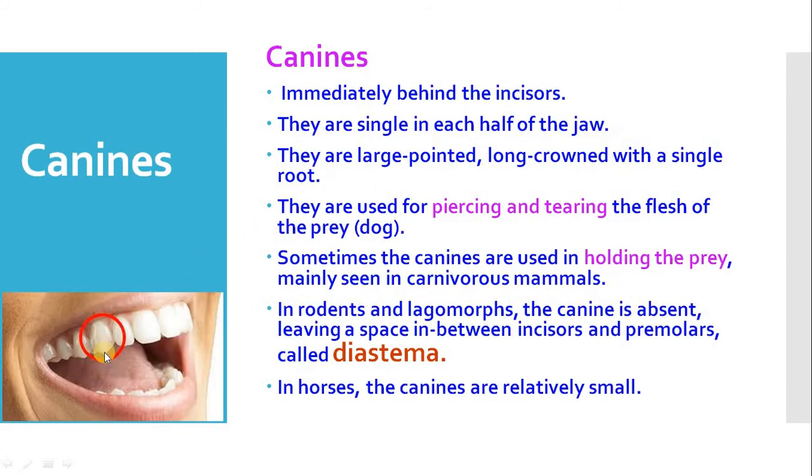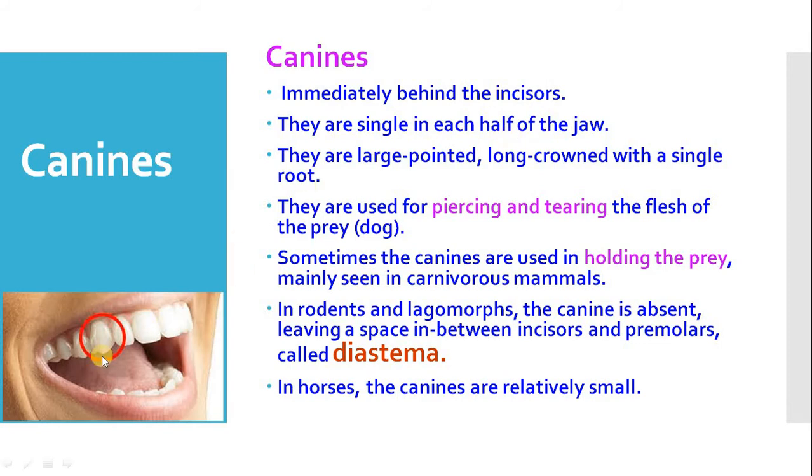Then canine, almost sharp, you can see on both sides. 2 on upper jaw and 2 on lower jaw, just after the incisors. Immediately behind the incisors, they are single in each half of the jaw. Means there will be 2 on each jaw. They are large, pointed.